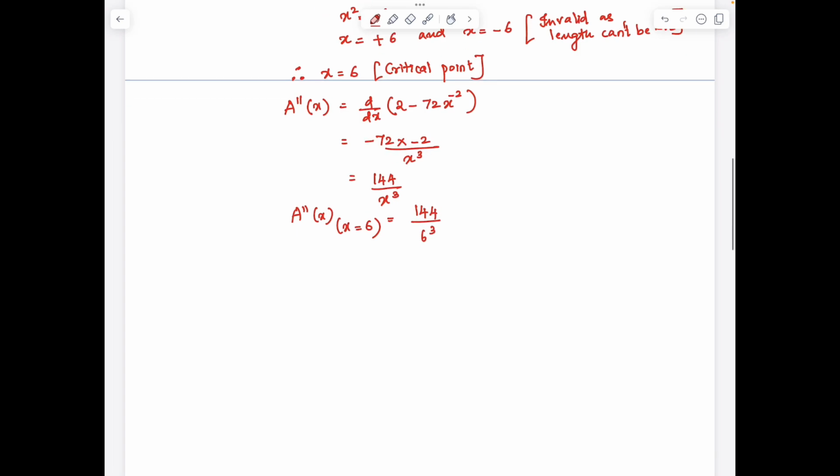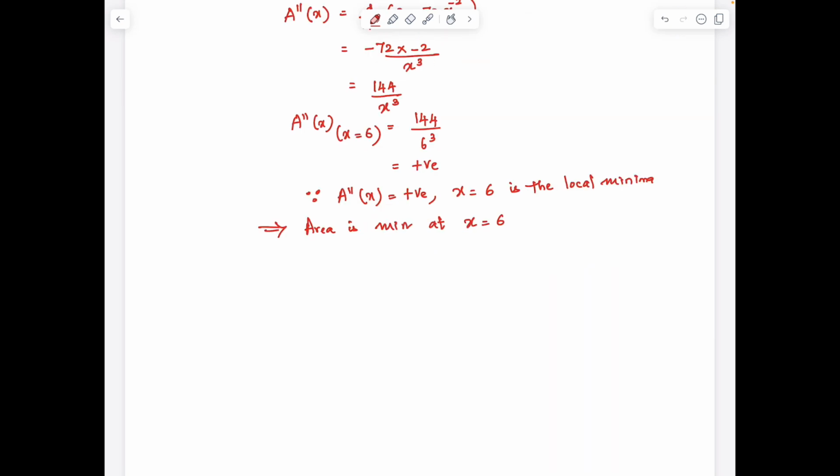I am not calculating it further, but we know this is positive value. Since A double dash of x is positive, x equal to 6 is the local minima, which implies the area is minimum at x equal to 6.